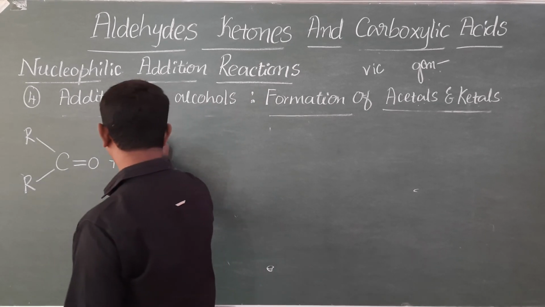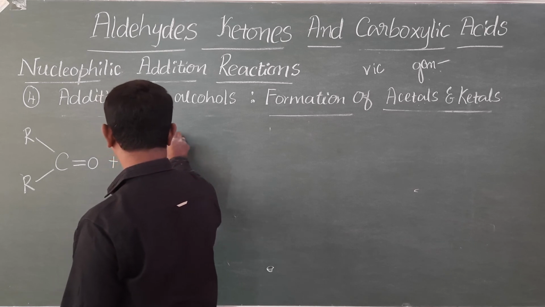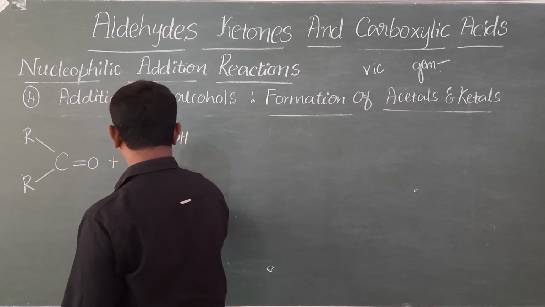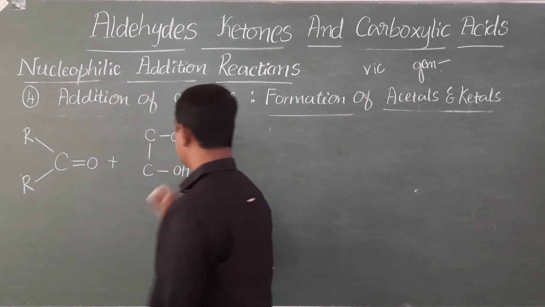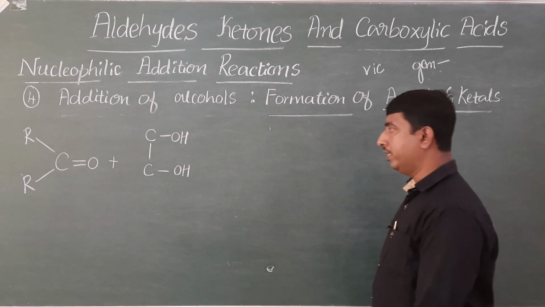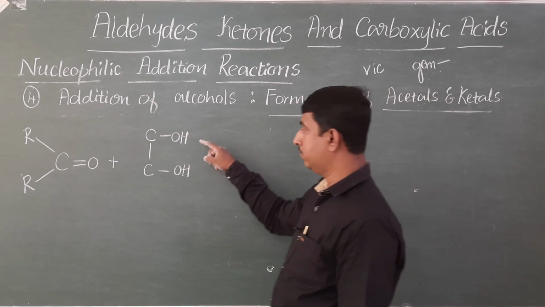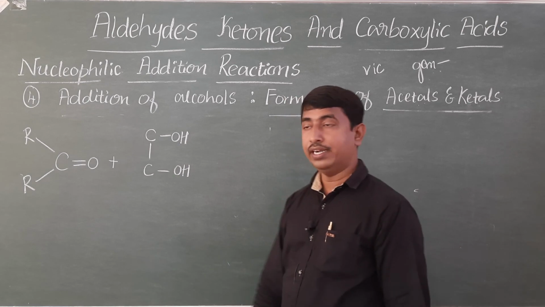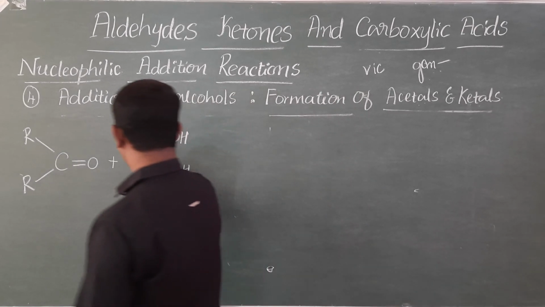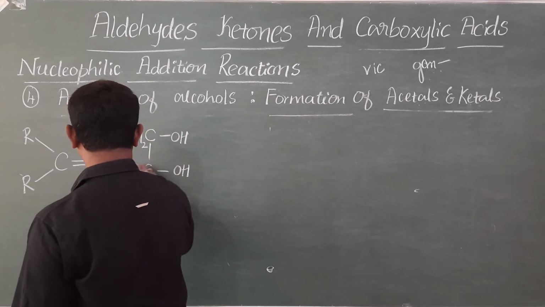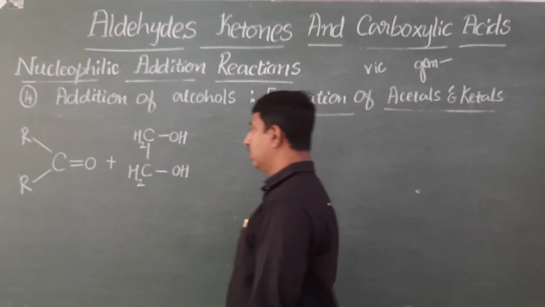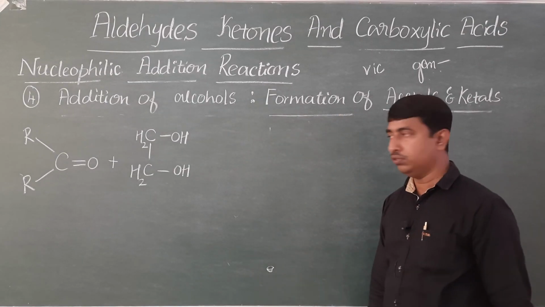Dihydric means we have two carbon atoms containing OH groups. So this compound should contain two OH groups. So this is dihydric. To complete the valency, I have to add hydrogens here. This is CH2OH, CH2OH.